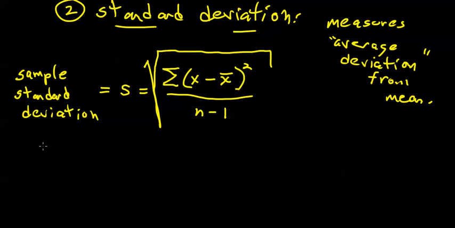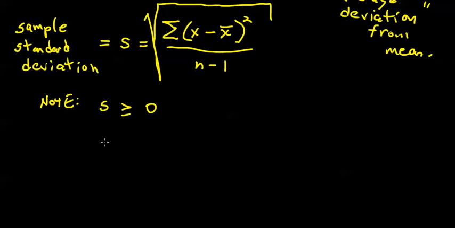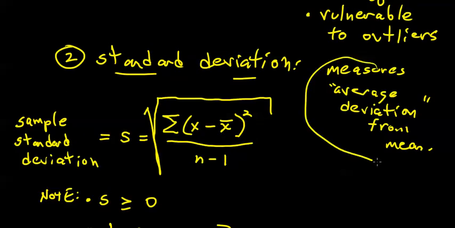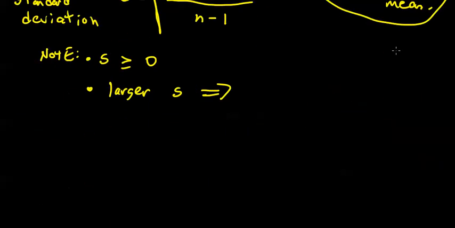Alright, some notes about the sample standard deviation. Well, because square roots are always positive or 0, your sample standard deviation will always be positive or 0. Make a bulleted list here. The larger your value of s, that means the larger average deviation from mean, right? Remember, your standard deviation is your average deviation from mean. So a larger s means more spread of data.